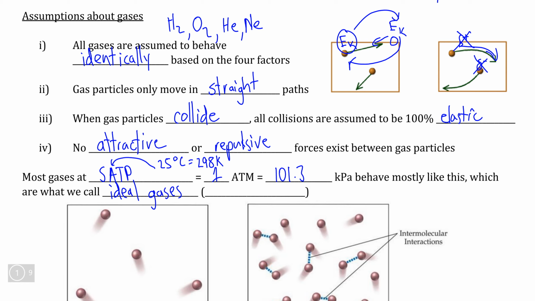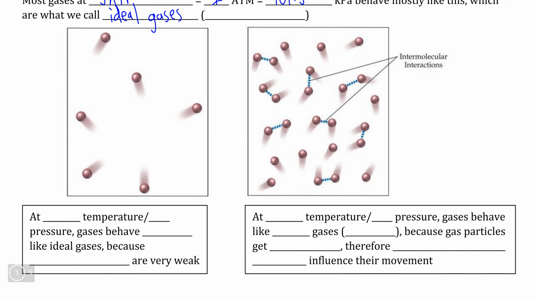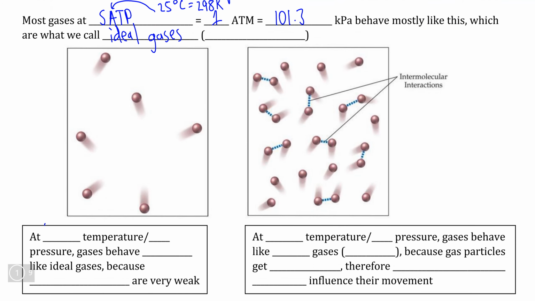There is another trend that we can observe related to these four assumptions and the behavior of gas pertaining to temperature. If we consider gases at high temperature and low pressure, which means that there is a minimal force exerted outside the gases and they have a very high temperature, they're going to be moving very quickly and have a very high amount of kinetic energy.